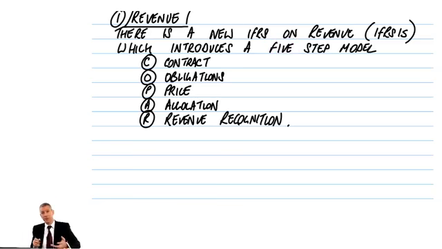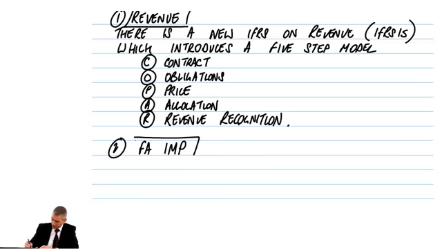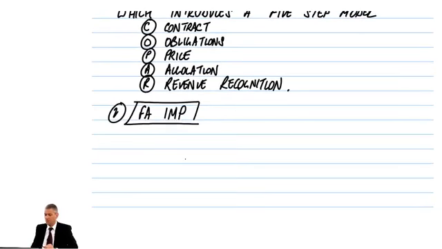And it's a similar thing with the next one as well, financial asset impairment. You certainly haven't finished with this once you've done a minute with me. Financial asset impairment, or FA-IMP as it's usually known. There's a new IFRS on this.